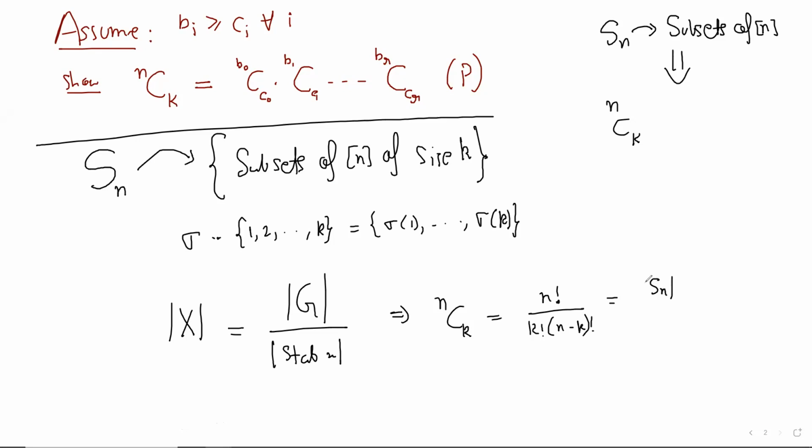It's the cardinality of Sk times the cardinality of those permutations which fix the rest, which we just said. It's not the cardinality of S of n minus k. If you think about it, this will work out. But how to use this? That is the question.